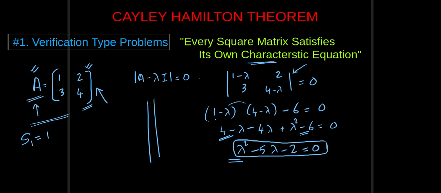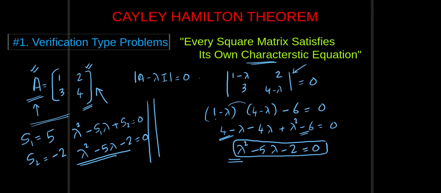So 1 plus 4, that is 5. And S2 means the determinant, because there will be only S1 and S2, not S1, S2, S3 like the cubic case. And S2 will be equal to the determinant, and determinant is 4 minus 6, that is equal to minus 2. And the equation is lambda square minus S1 lambda plus S2 equal to 0. That gives me lambda square minus 5 lambda minus 2 equal to 0.